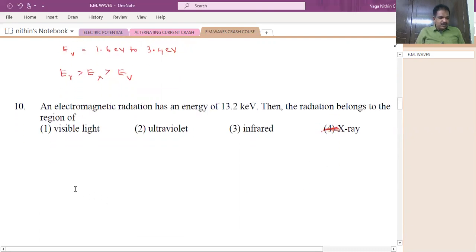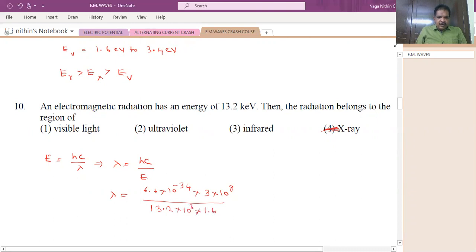We will do this problem. E is equal to Hc by lambda. From this, lambda is equal to Hc by E. Lambda is 6.6 into 10 power minus 34 times C value 3 into 10 power 8, divided by 13.2 into 10 cube. 1 electron volt means 1.6 into 10 power minus 19 joules.